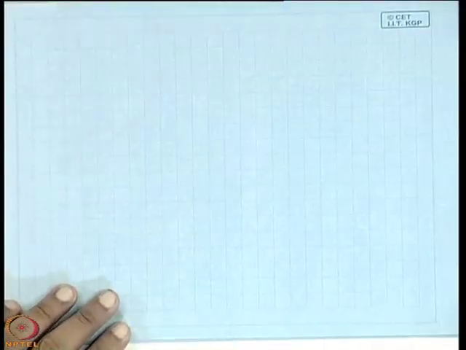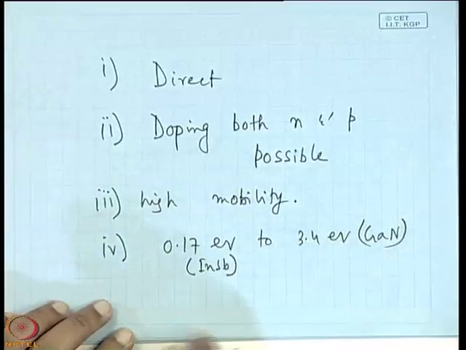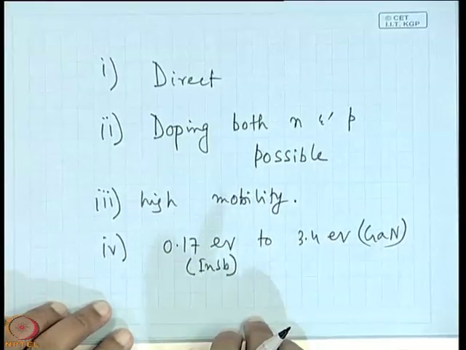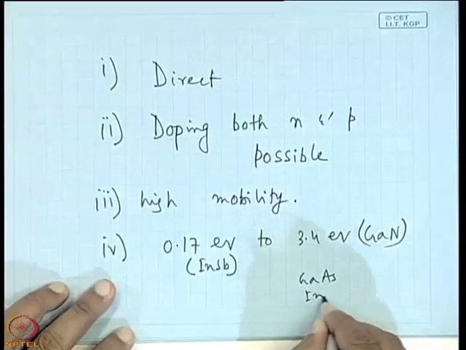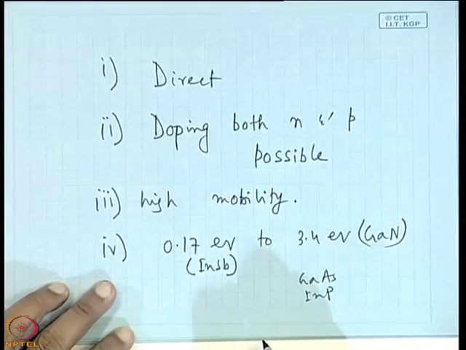Another application of these compound semiconductors, particularly gallium arsenide and indium phosphide, is that they are available as epitaxial growth substrates. For epitaxial growth, you know that a substrate is required on which the growth takes place.